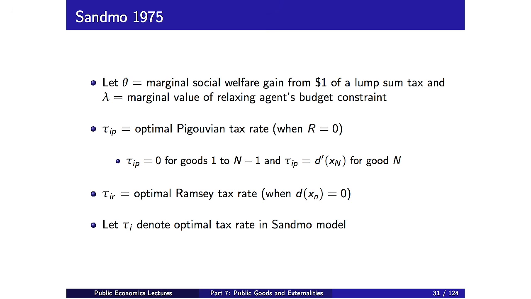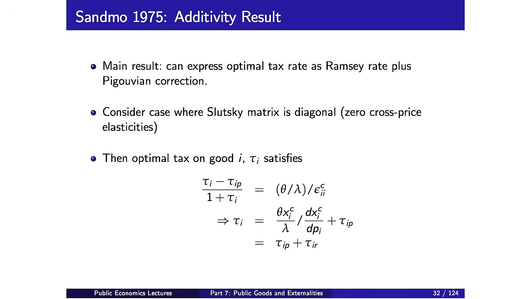And let tau_i denote the optimal tax rate in the actual model we're studying here, which has both of these features, Sandmo's tax rate. So the main result of Sandmo is that these problems are mathematically additive. You can express the optimal tax rate as the Ramsey rate plus a Pigouvian correction.